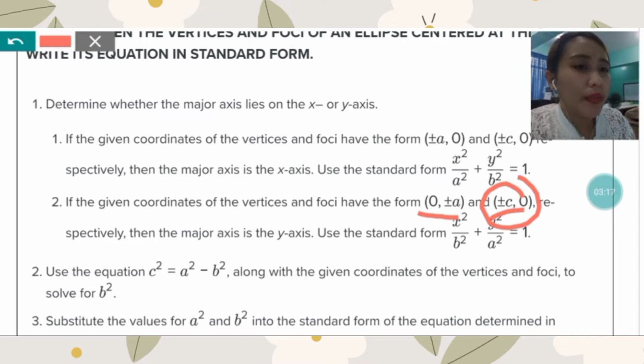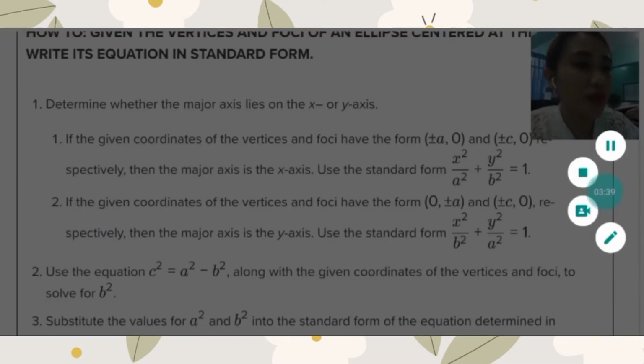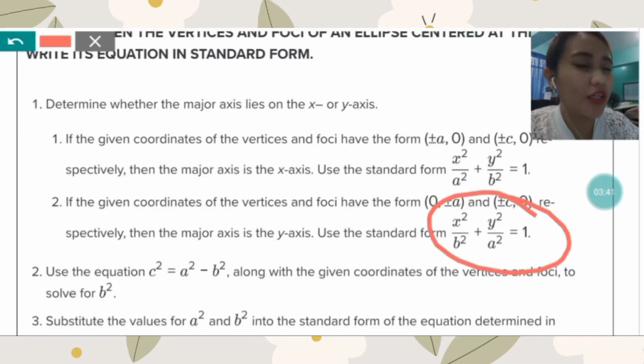So if we know that the vertices and the foci are located on the y-axis, since we have here coordinates of the y-axis, meaning our ellipse orientation is vertical, therefore we will be using this standard form x squared over b squared plus y squared over a squared is equal to 1.